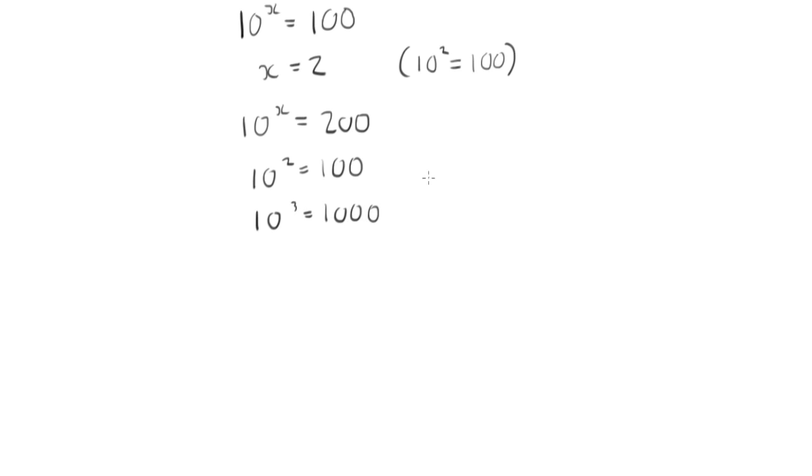So this tells me that x is somewhere between 2 and 3. But how am I going to find out what the value of x is? What I could do is trial and error. I could put in, say, a value of 2.5 into a calculator, see what that equals, and go from there. But that's not what we want to do. So what we can do is use what's called a logarithm.